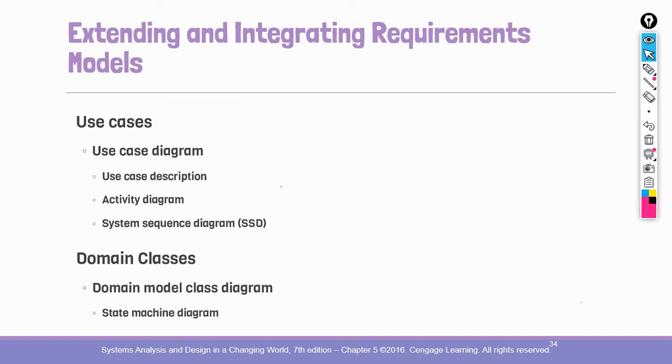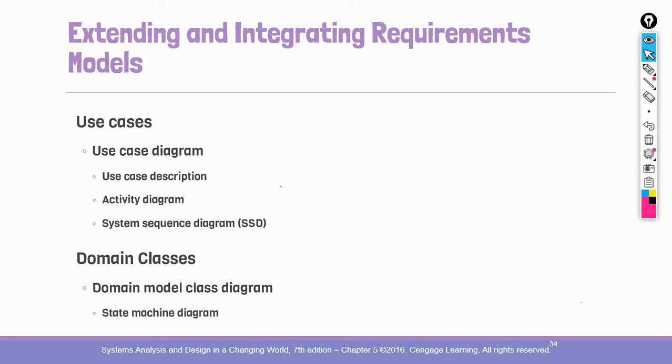A complete use case diagram would be important to get an idea of the total scope of the new system. But the supporting details included in use case descriptions, the activity diagrams discussed in the previous lessons, and system sequence diagrams discussed in this lesson need only be done for use cases in the specific iteration.